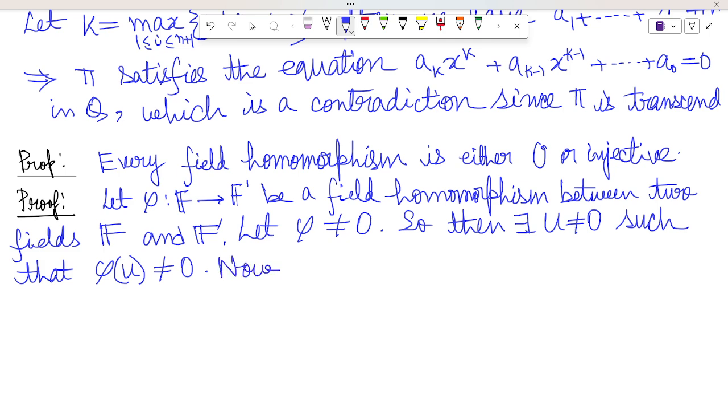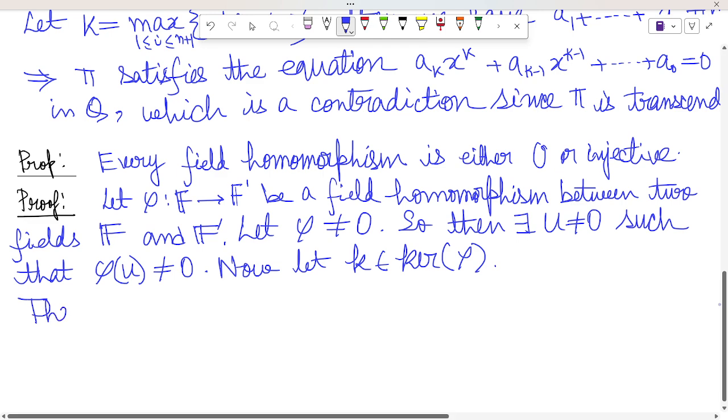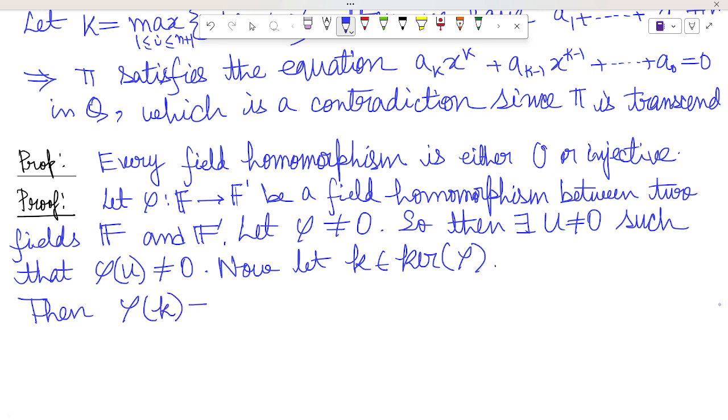Now let a belong to the kernel. Then phi of k equals 0.